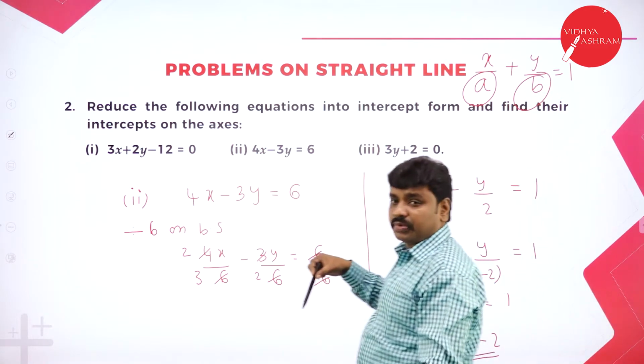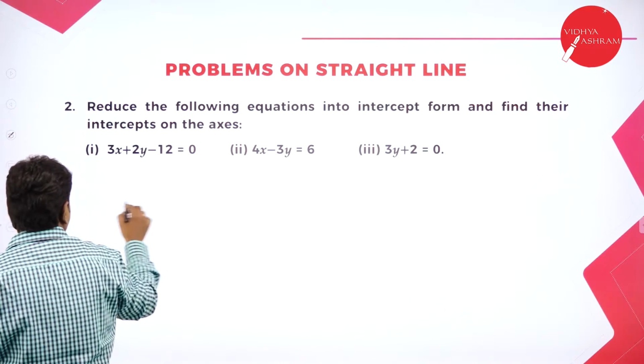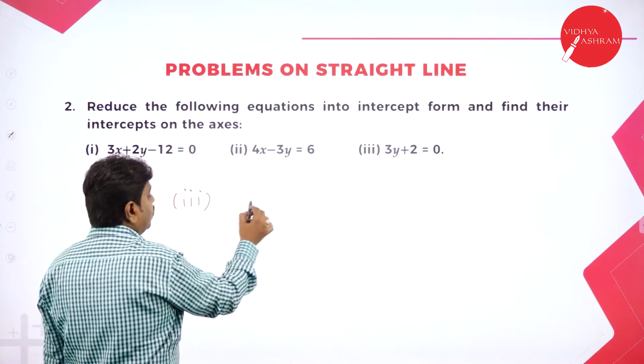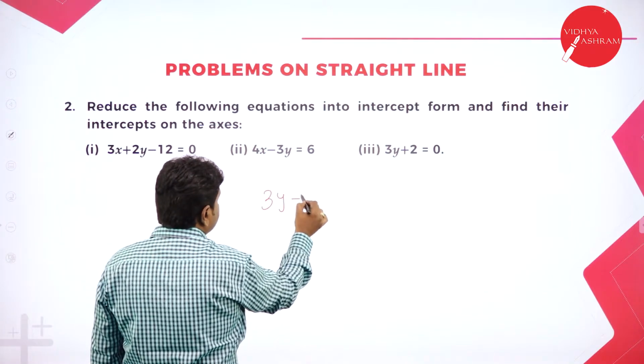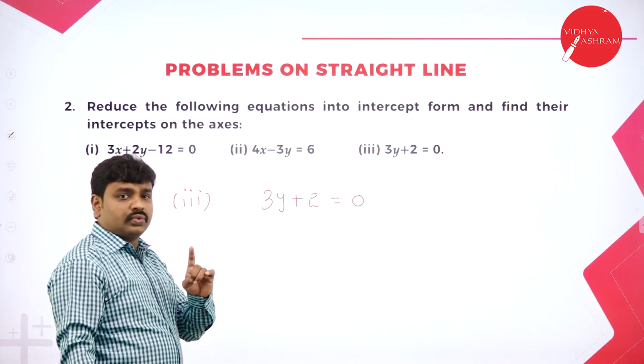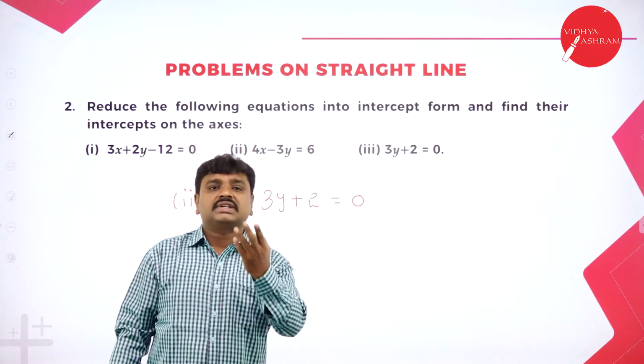Next we'll go to the third problem. Let me take up the third problem. The problem they gave is 3y plus 2 is equal to 0. I told you the number should be on one side and the variable on the other side.